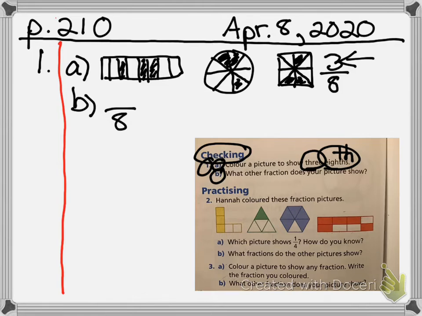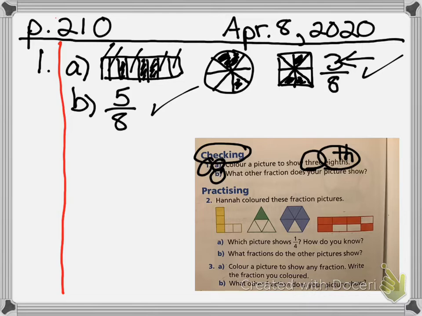But now we're going to write down the uncolored fraction. So we have 1, 2, 3, 4, and 5 sections that are uncolored. So our fraction shows 3/8 colored and 5/8 uncolored. All right, give yourself a check mark if you got that right.